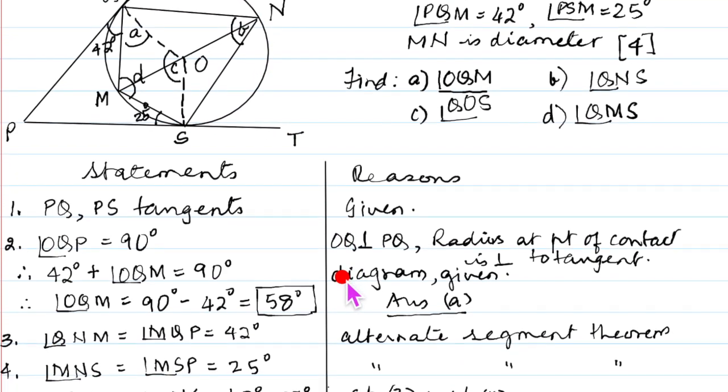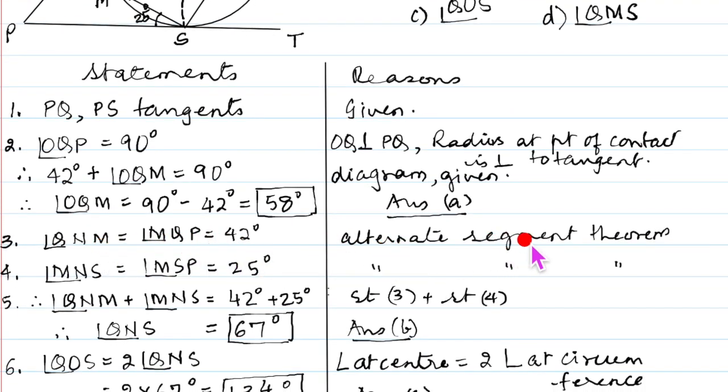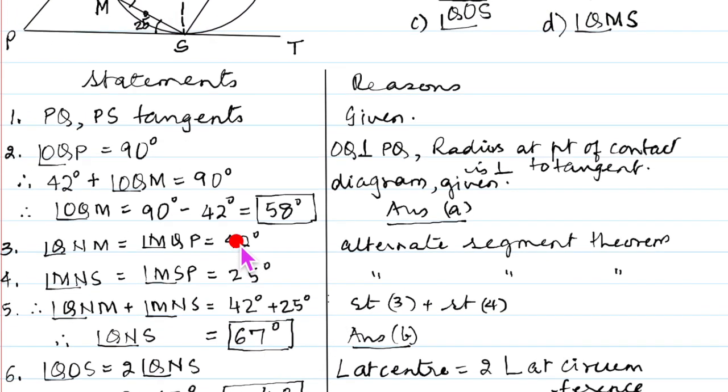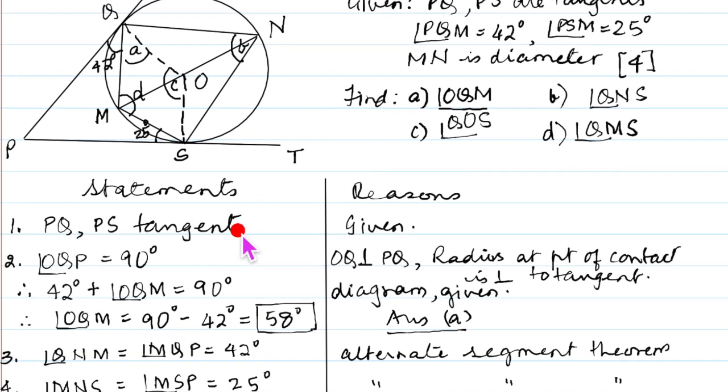And let us see the presentation. As you can see, alternate segment theorem, I have written the statement, and then these two added, so this and this is this. So these two, if you look at the diagram, QNS is MNQ and MNS.